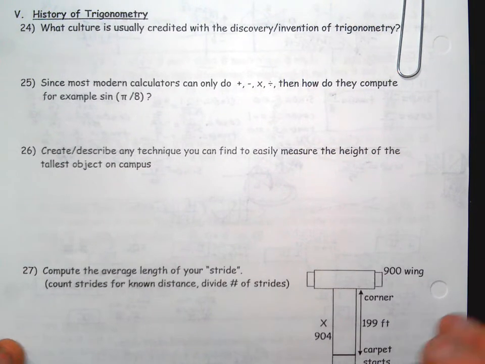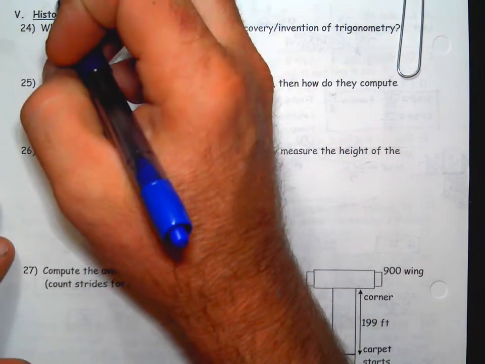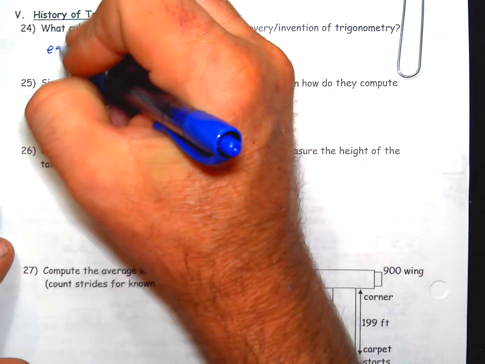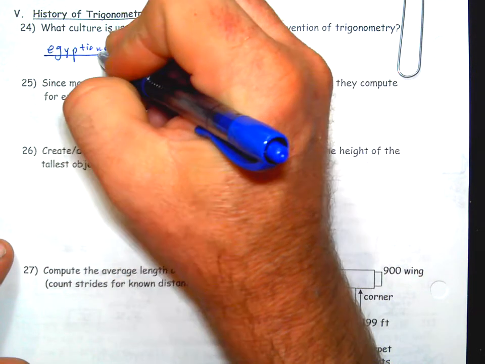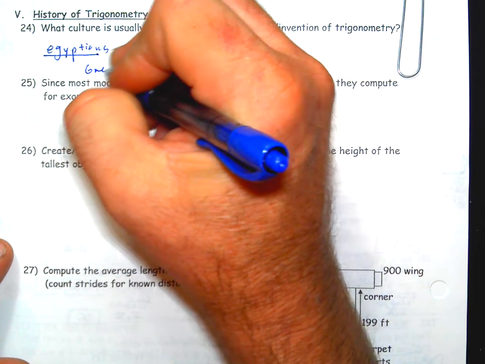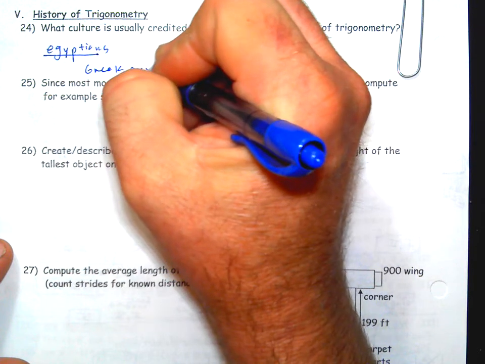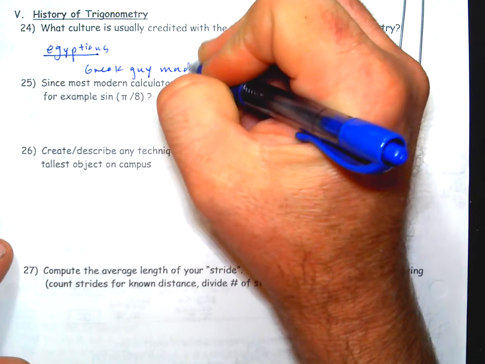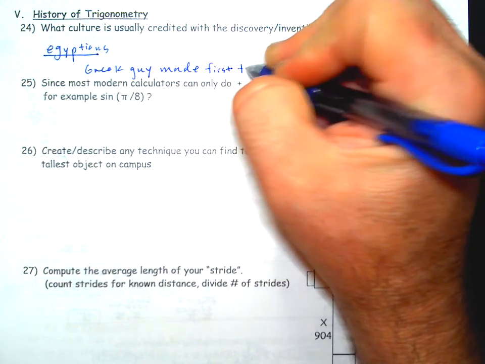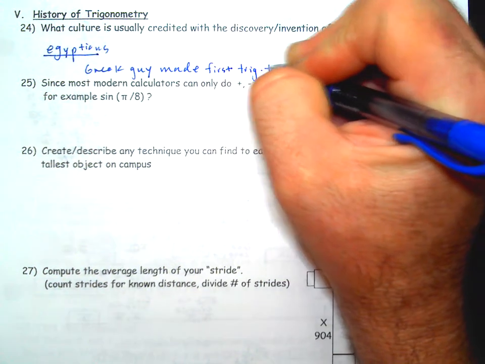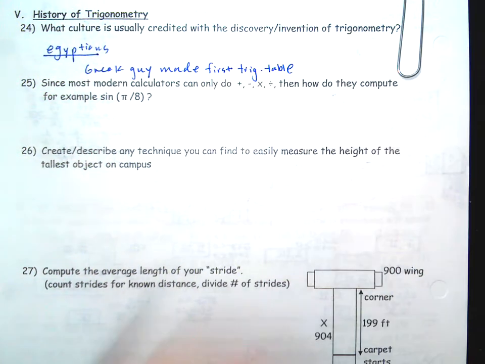Some of you guys might have got something different. So generally, it's the Egyptians. Now, a Greek guy was the first to make the first trig table. So, but yeah, it's the Egyptians.